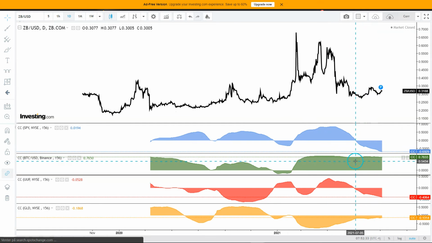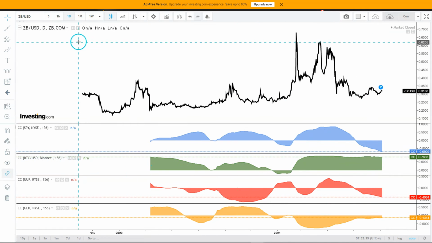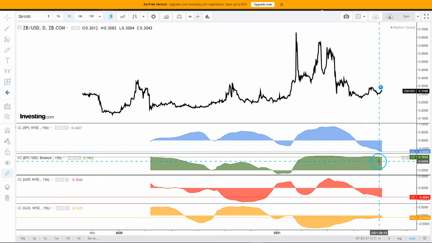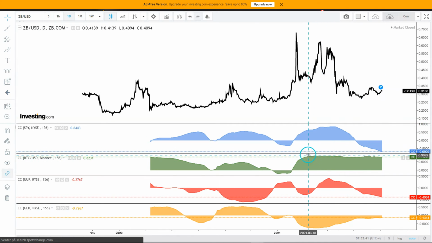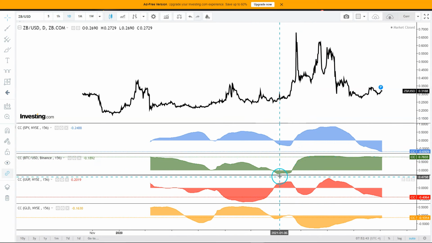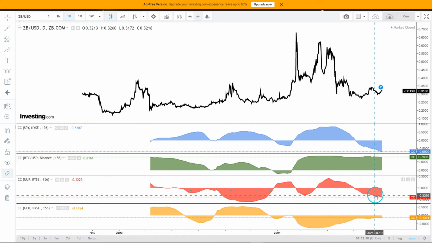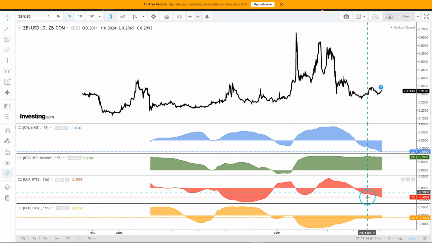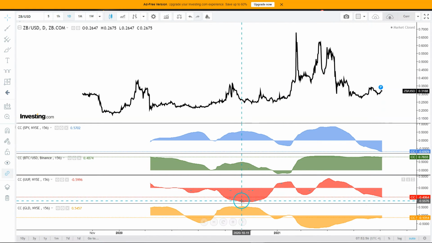Looking here also at the relationship between SETB token and Bitcoin, it is currently at 78%. It's on the high end of the range. It has been significantly lower in the past. Like back here, it was actually -20% negative. Looking here at the dollar index, we have been lower back here, where we had a -60% negative relationship.